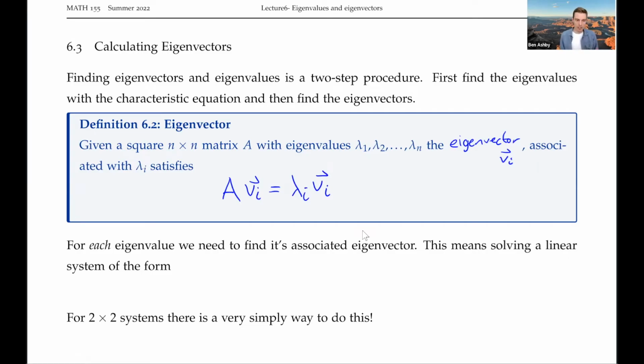We could rearrange this by putting all of the terms onto the left-hand side. This gives us an equation of the form (A minus lambda times the identity matrix) times Vi is equal to 0, where this is the zero vector. And this here is just some matrix, call this matrix M. So we're just solving a linear system of equations. If we can solve this linear system of equations, then we can work out what our eigenvectors are.